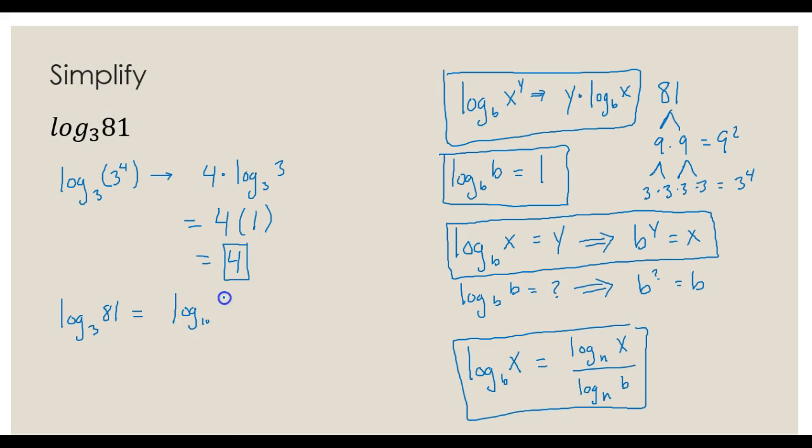So log of 81 divided by the log, again base 10, of 3 equals, and then you do that on your calculator. I'm not going to show you here, but if you get your scientific calculator out and do that, it's going to equal 4. So there we go.